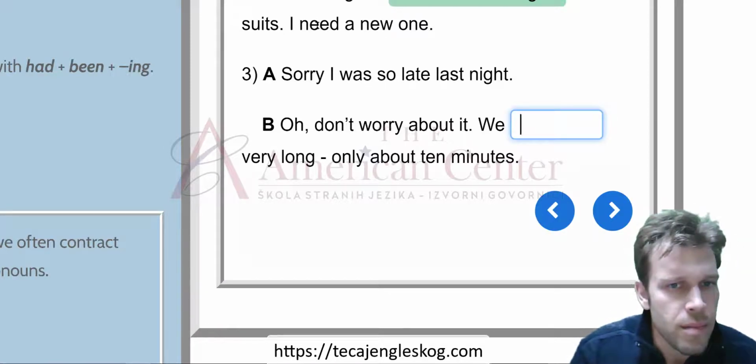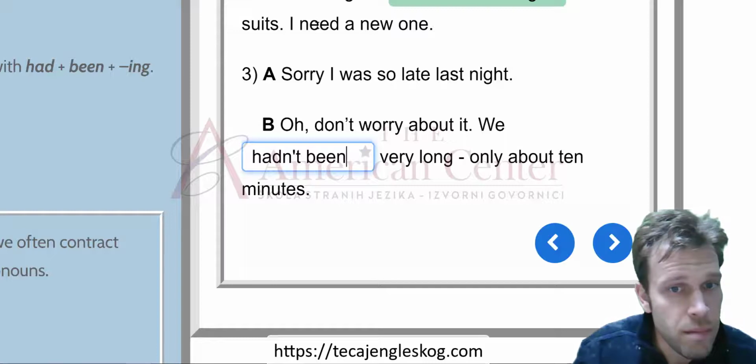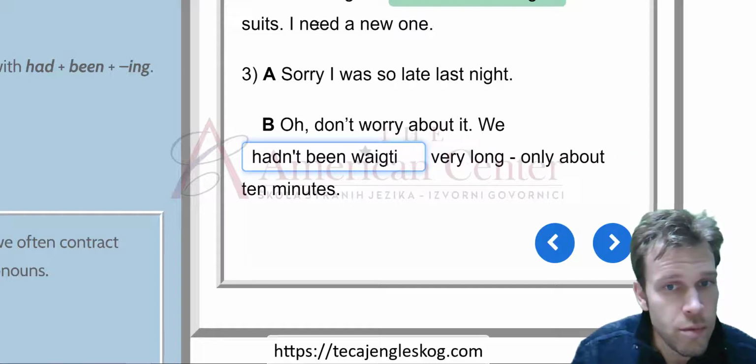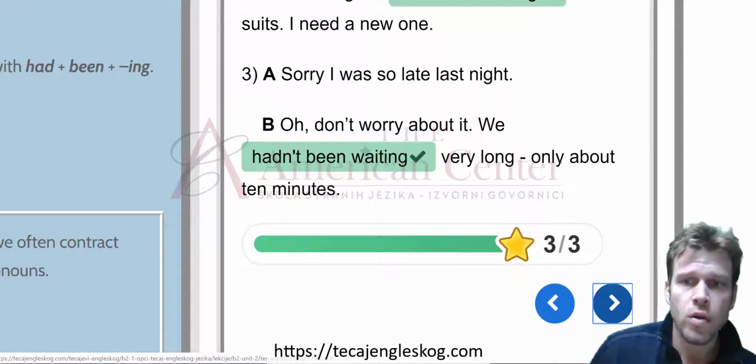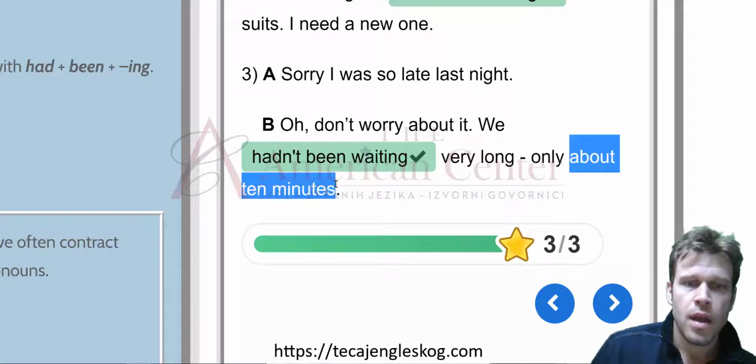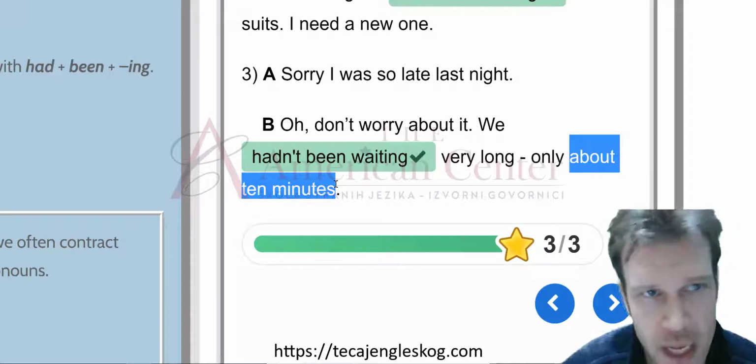We hadn't been waiting. Because again, only about 10 minutes. We're emphasizing a period of time.